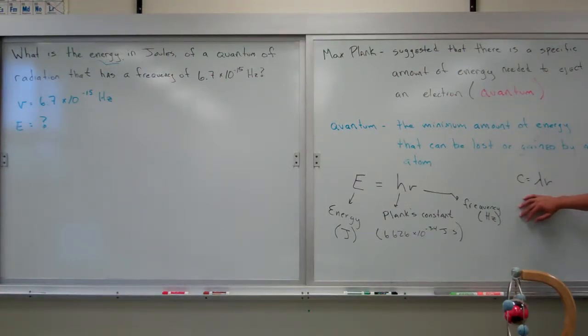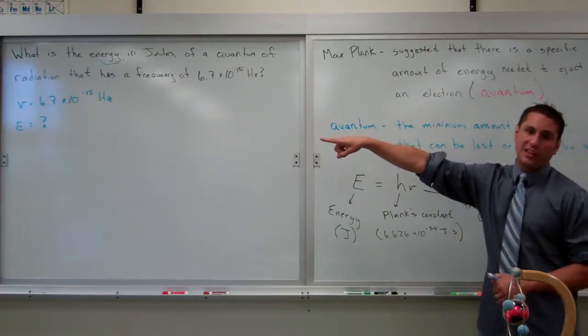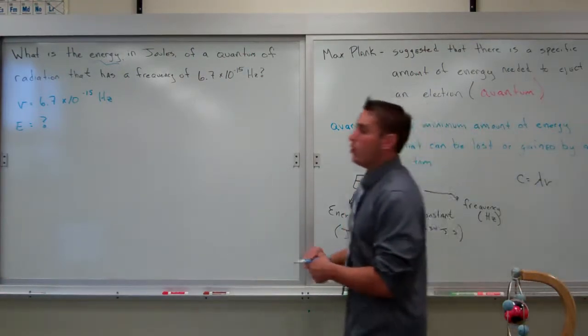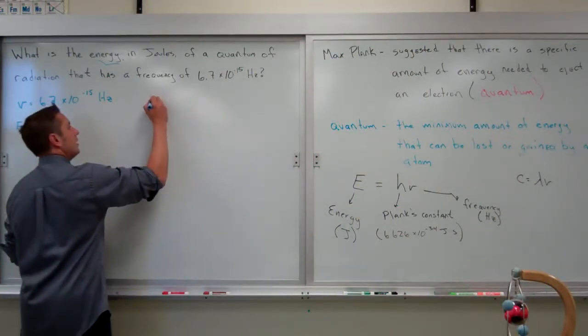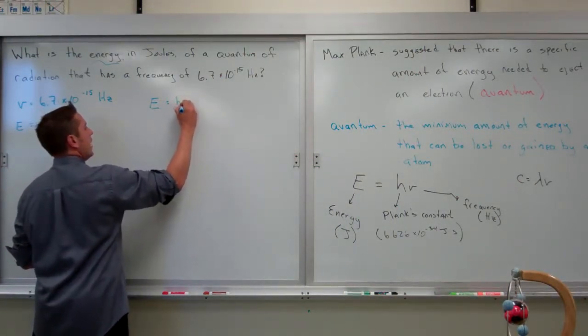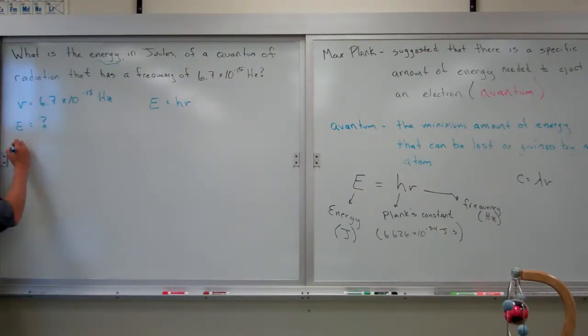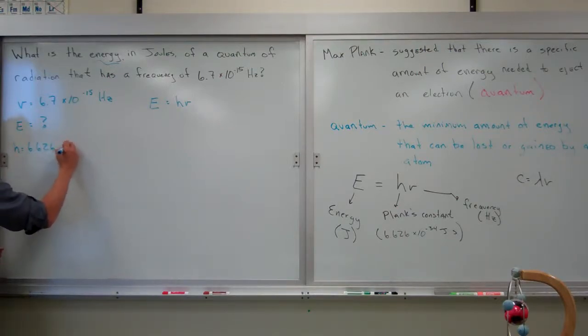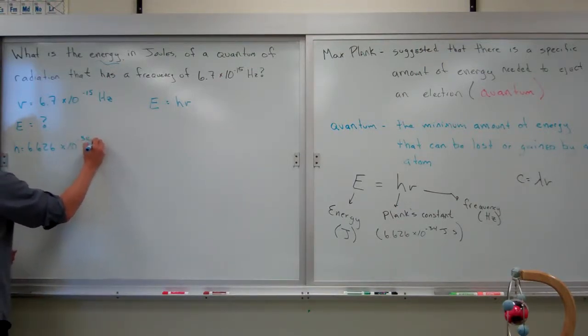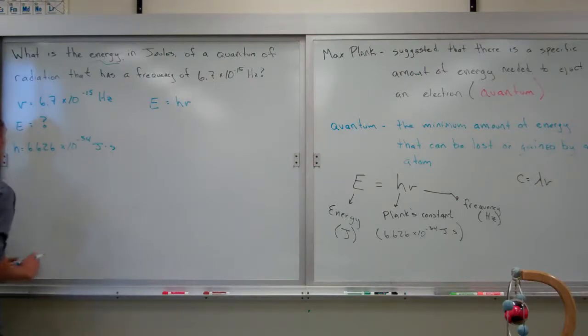I see a v, which they both have, but I also have listed E, and only one equation possesses the E: E equals hv. h is there, but it's no big deal. It is Planck's constant, which is 6.626 times 10 to the negative 34th joule seconds.